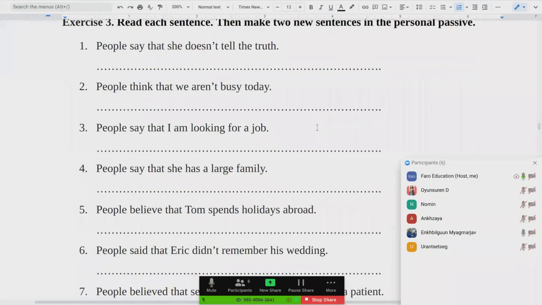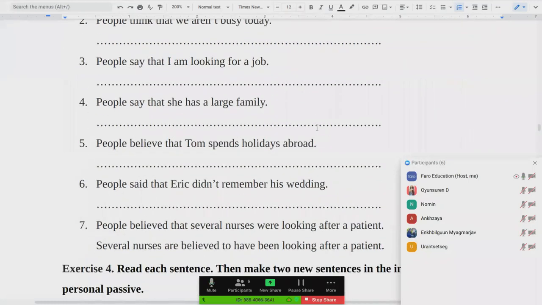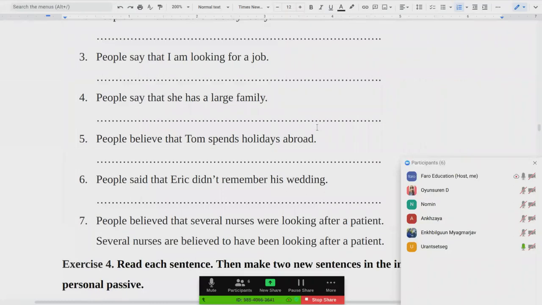People say that I am looking for a job. It is said that I am looking for a job.